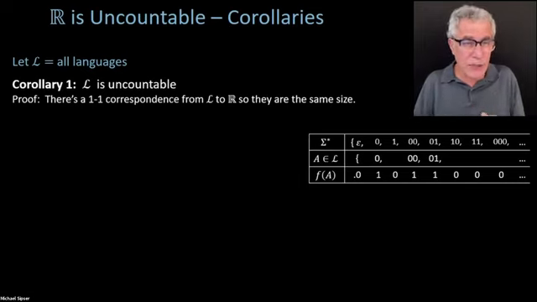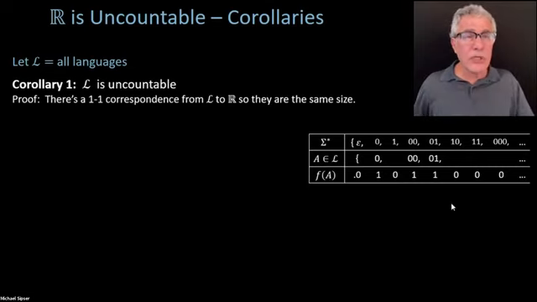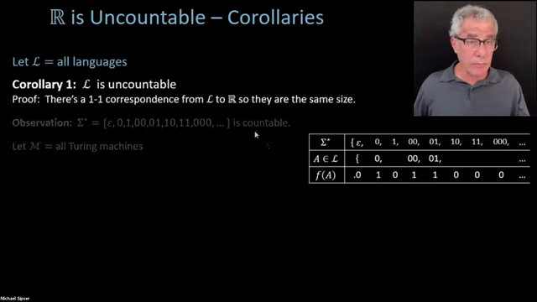That's not going to be an essential point, so let's not get hung up on that. The fact that the languages can be put into a one-to-one correspondence with the real numbers shows that the collection of all languages is also uncountable.